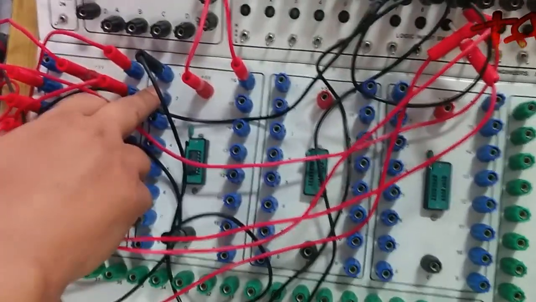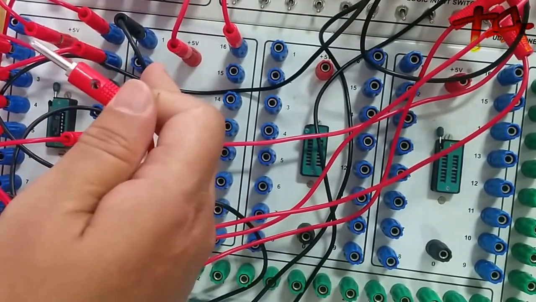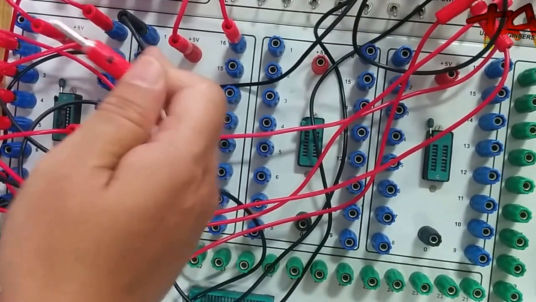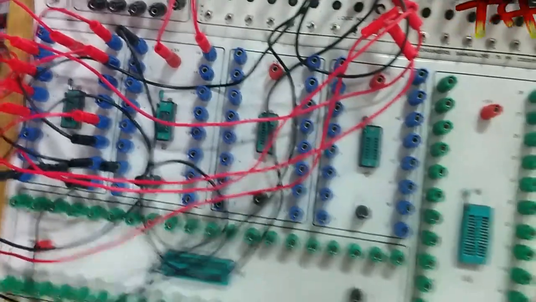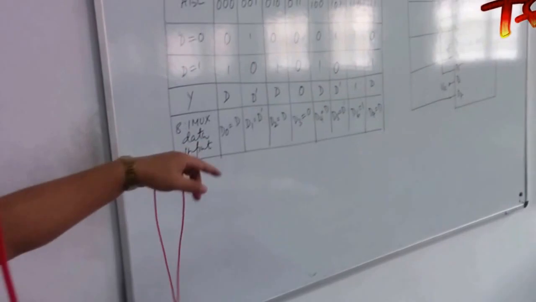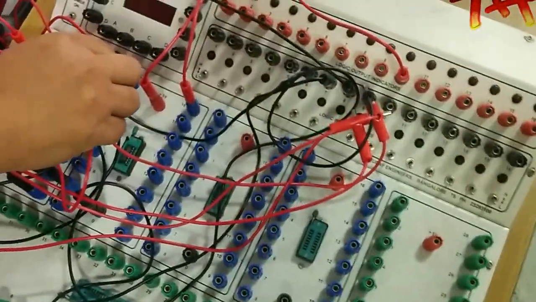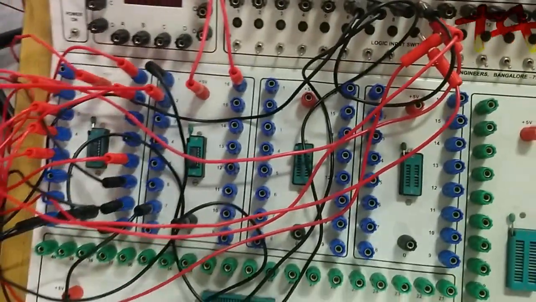D bar is pin number 2 of the 7404. Therefore I have to connect D1, pin 3, to D bar, the inverter IC's pin number 2.